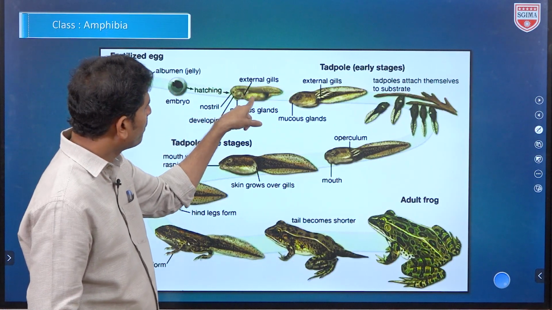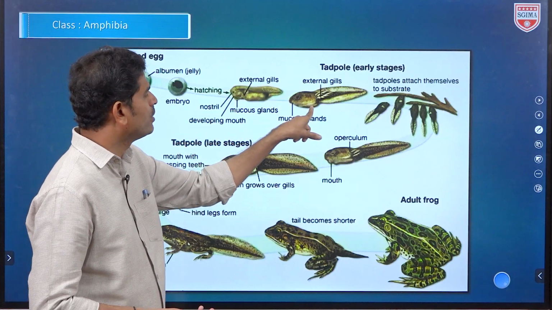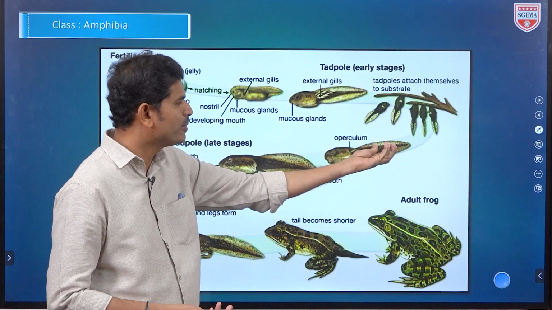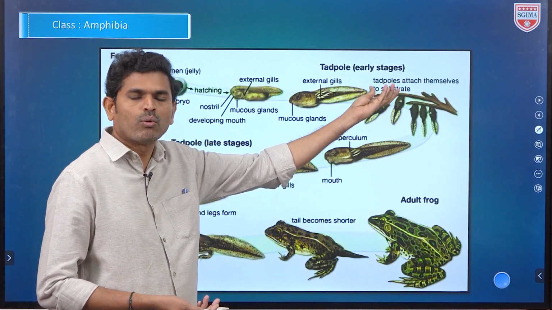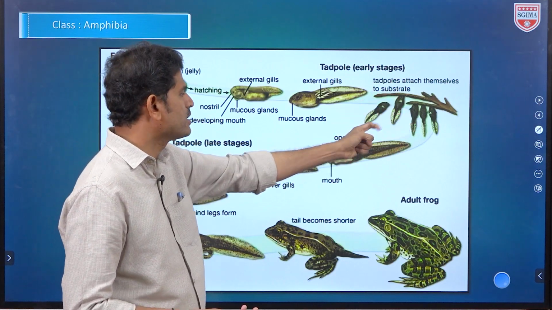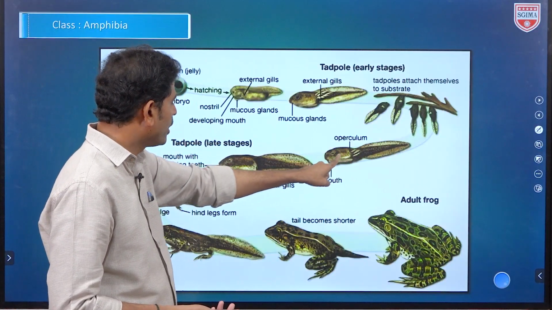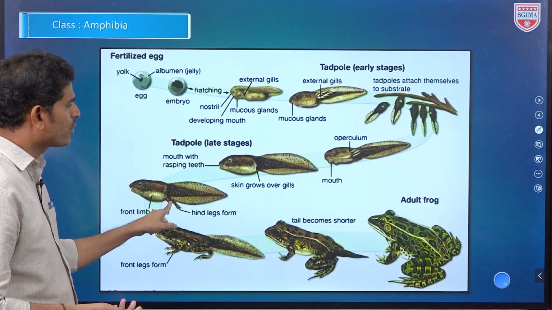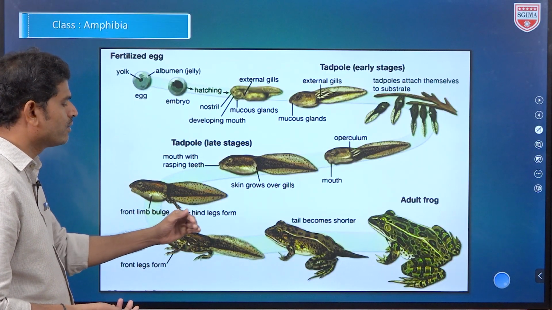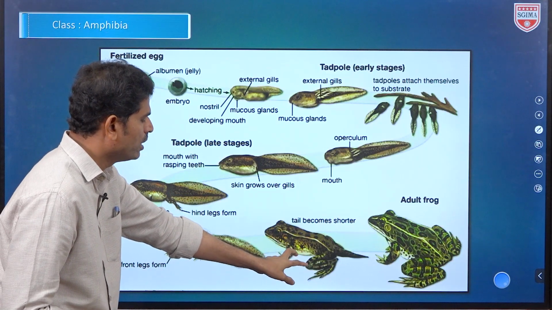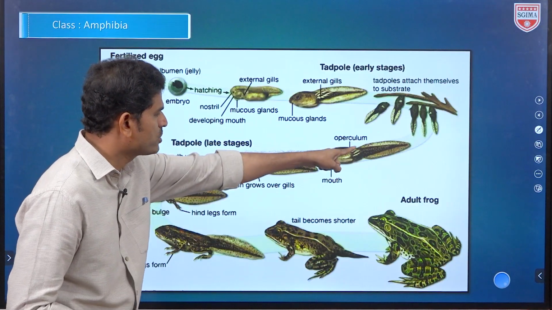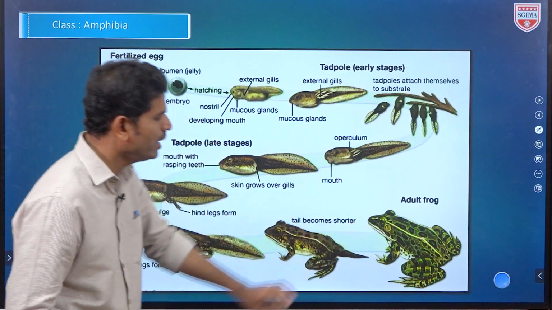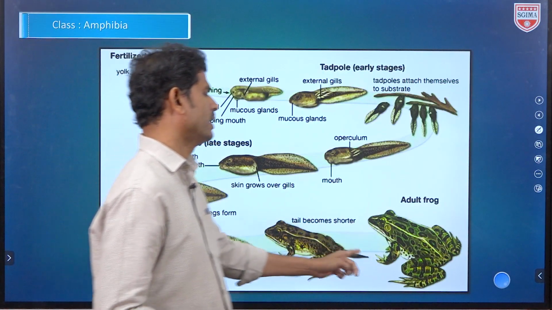So it is released outside, then it contains fish-like characters, and it is herbivorous, attached to aquatic plants and eating those things, and swimming with the help of the tail. Later, gradually it develops limbs, and the tail will gradually be lost. So the limbs are completely developed; look at how the tail was before and how it is now. Later the tail also detaches, then it becomes a completely adult frog.